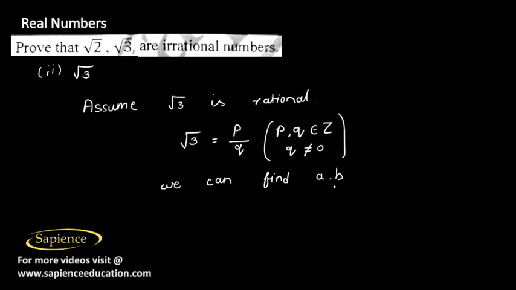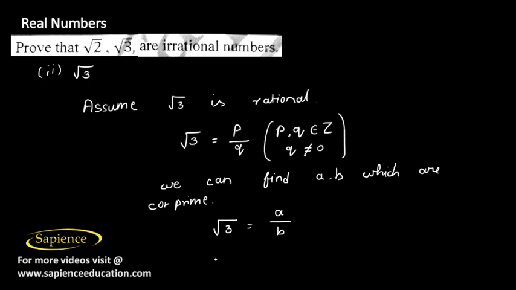We can find two variables a and b which are co-prime, and we can write root 3 as a by b, where a and b are co-prime numbers.